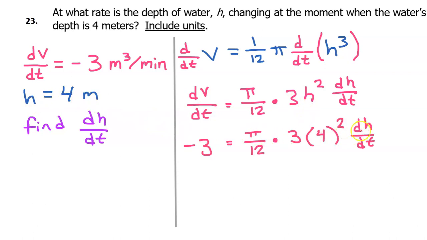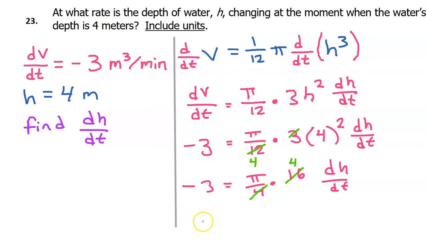We need to solve for dh/dt, but I think it will be easier if we go ahead and simplify this down a little bit. So 3 goes into 12 4 times. So now I have negative 3 is equal to pi over 4 times 16, because I have 4 squared is 16, dh/dt. But now 4 goes into 16 4 times.